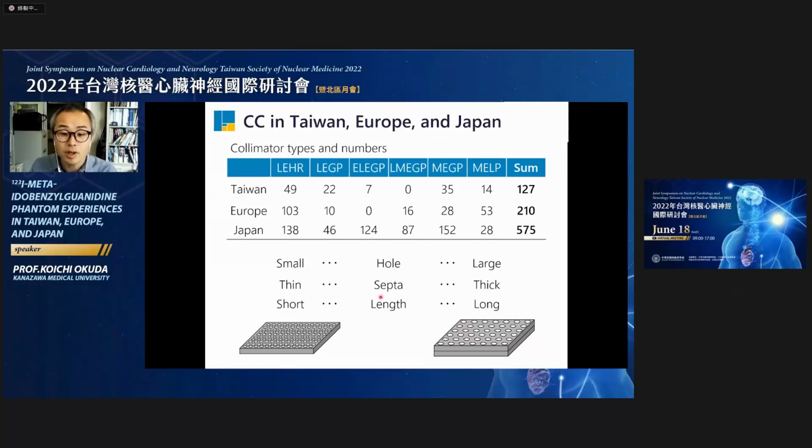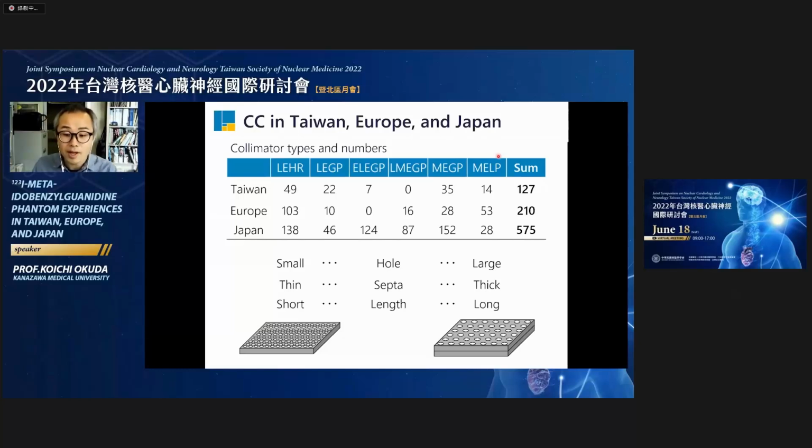Generally speaking, smaller holes, thinner septa, and shorter lengths are applied in LEHR collimator condition, whereas larger holes, thicker septa, and longer lengths are used in MELP collimator.